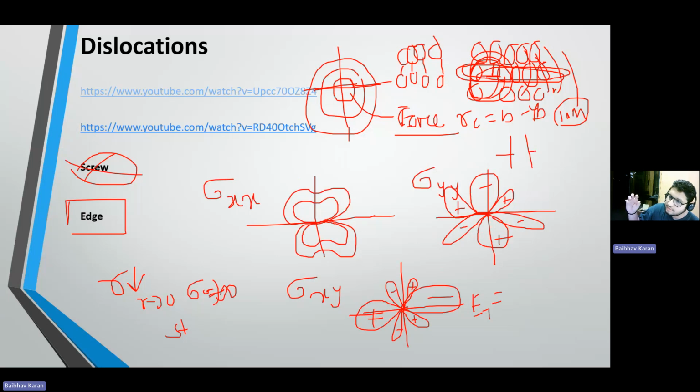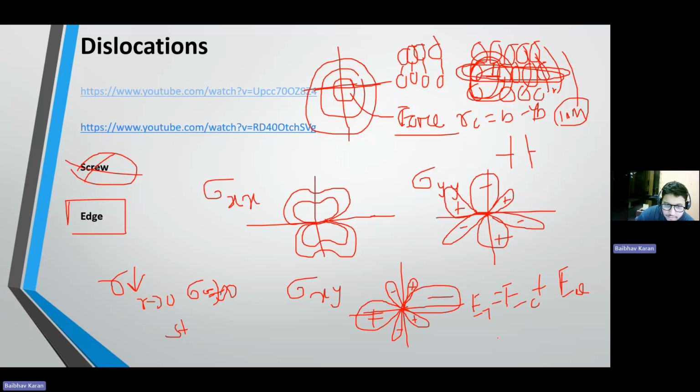There will be some energy stored in the core of the material, and some energy stored outside the core of the material, right? And this is due to the bond difference around the dislocations. So the total energy will be the energy in the core plus the energy outside the core, which is due to the elongation observed.